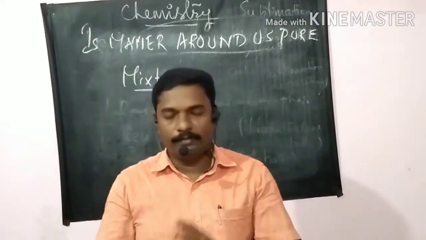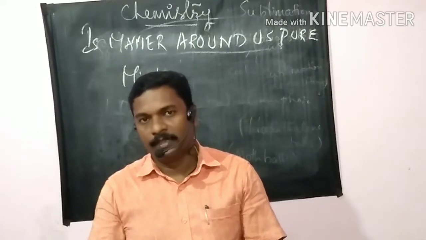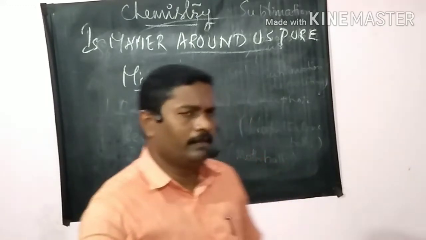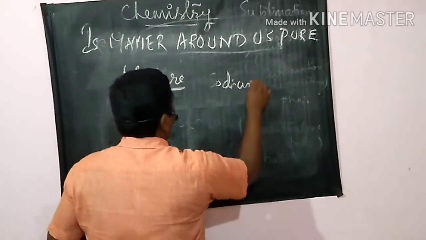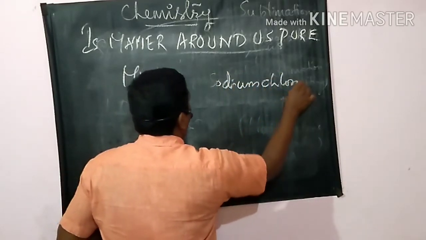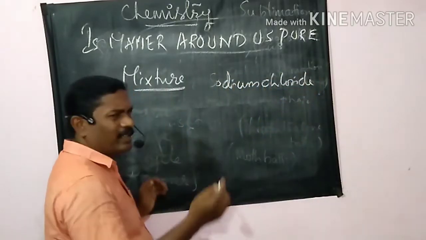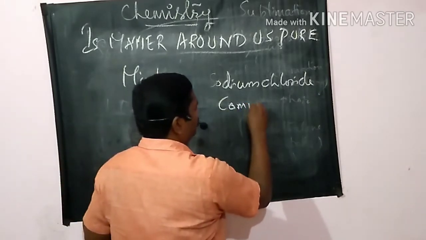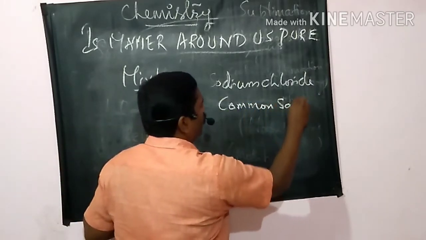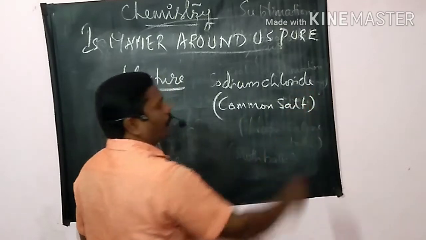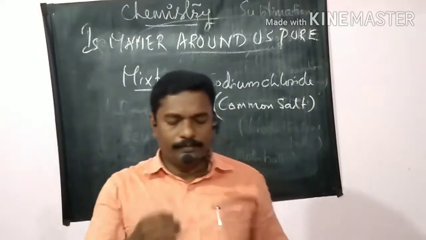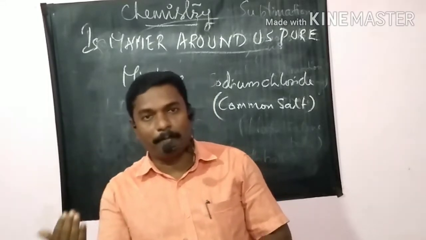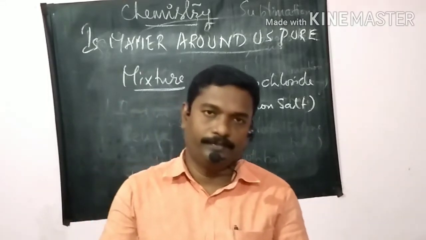And we know, see a simple example. Let's take sodium chloride. That is common salt. Sodium chloride is obtained by the evaporation of seawater.